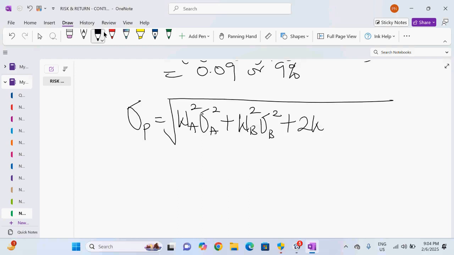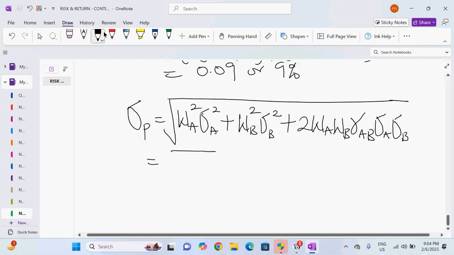Then plus 2WA, WB, and then correlation AB, and then standard deviation A, standard deviation B. Very easy.